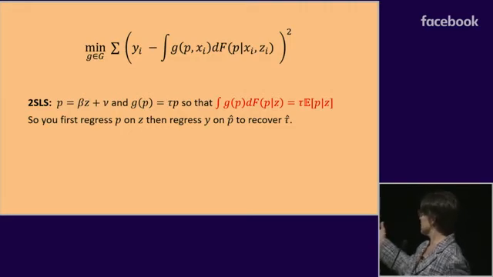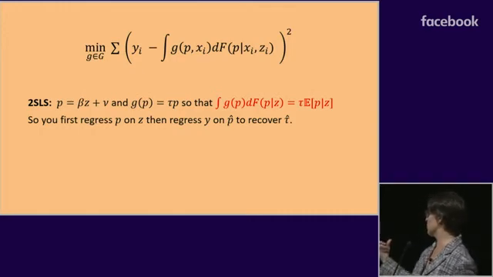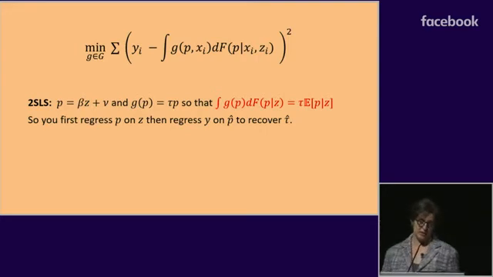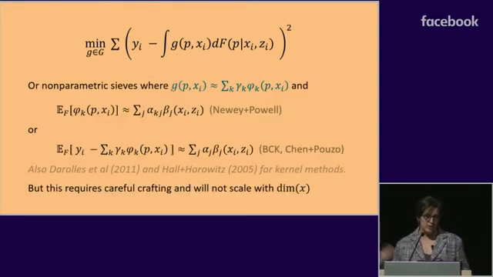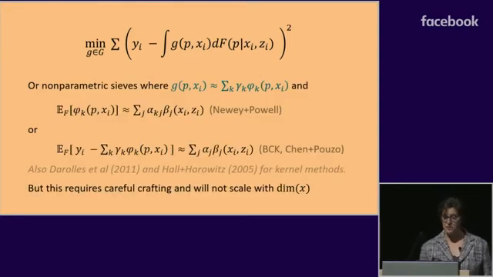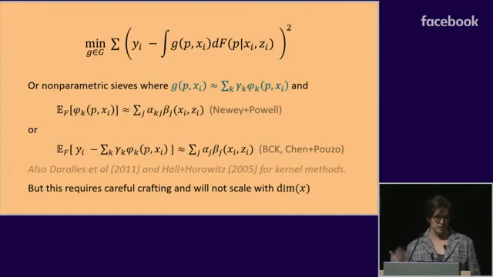So if I could estimate how Z, the instrument, affects prices, and how Z affects outcomes, I just take the ratio, and that would be my estimate of tau. That's called two-stage least squares, and it's a staple of undergraduate econometrics. We then tried to make this more complicated with sieves and other types of nonlinear functions, but it never worked very well, so nobody ever adopted it.